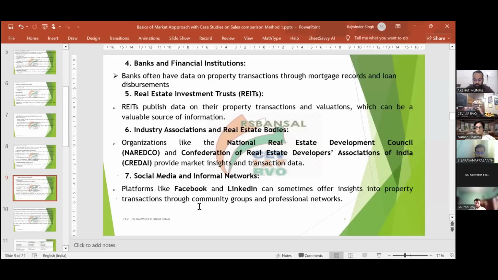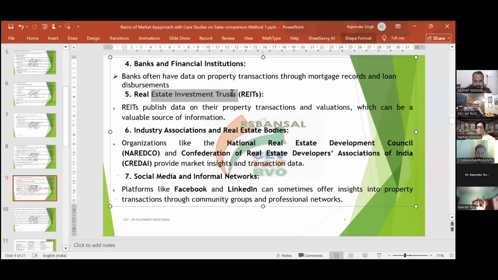Most banks have got valuations done in that particular area, from where you can get data on property transactions through mortgage records or loan disbursement. Then you can get data from real estate investment trusts. We have already discussed these things in the first chapter.